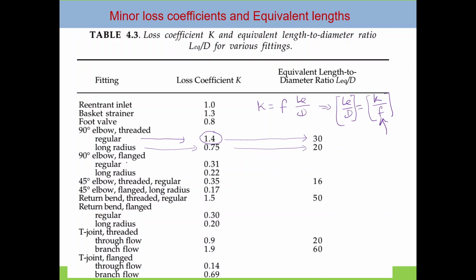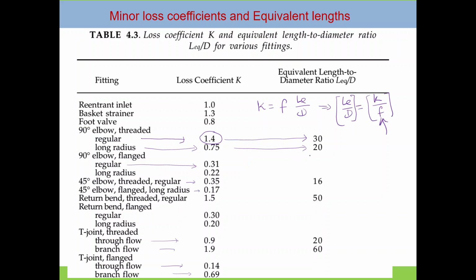Similarly, we have a flange kind of fitting, a 45-degree threaded, a 45-degree long, and then the T joints: T through and T branch. Basically it is just a change of terminology, and this is useful when we do programming, since we have fewer variables, so the calculation can be faster.